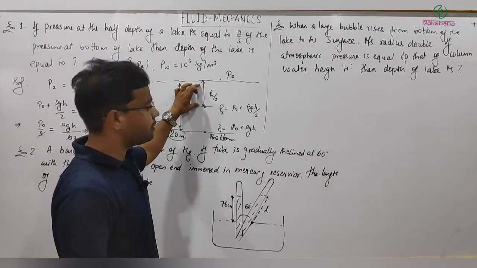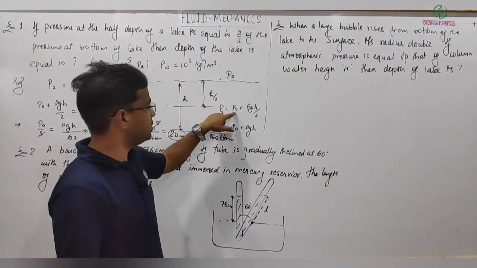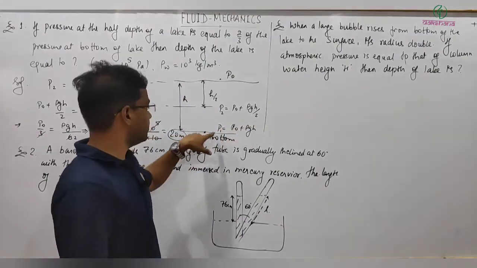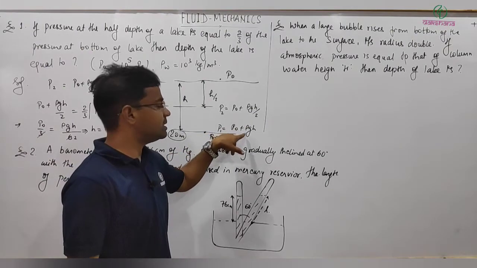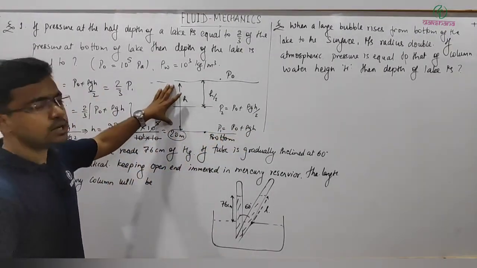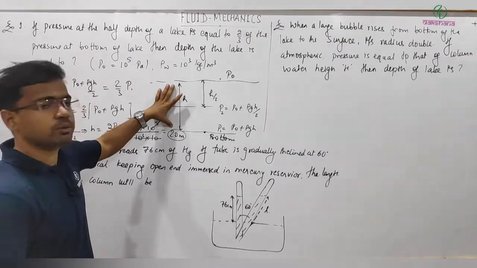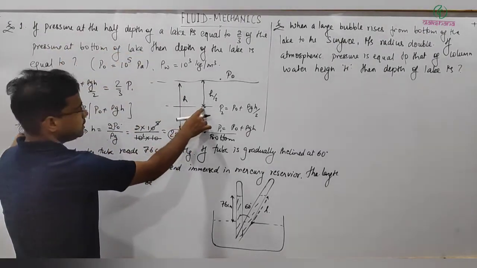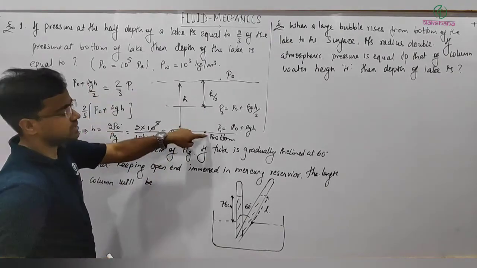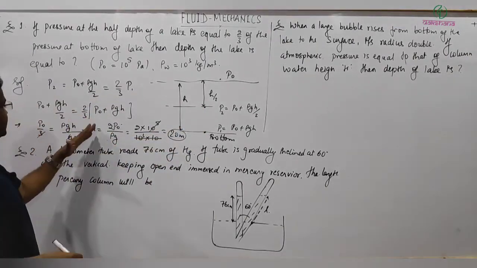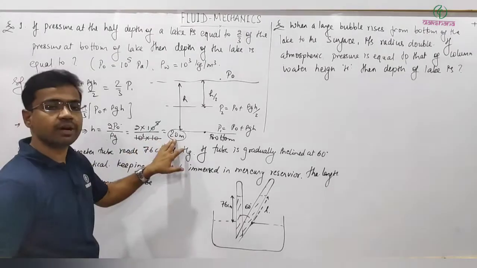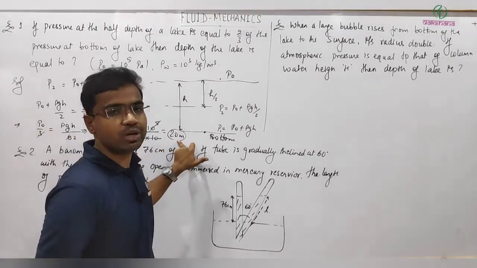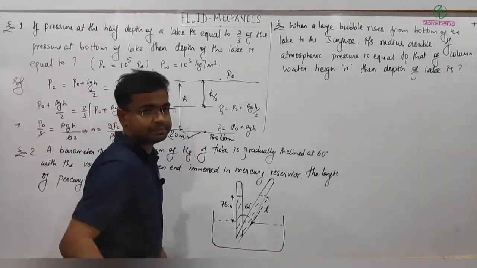The pressure at half of the depth is P2, equal to P naught plus rho g h by 2, and at the bottom P1 is equal to P naught plus rho g h, if h is the total depth of the lake. Using the relation that the pressure at half depth is 2/3 of the pressure at the bottom, and simplifying, we get h as 20 meters. So this is the answer.